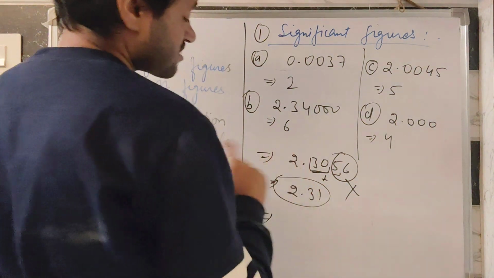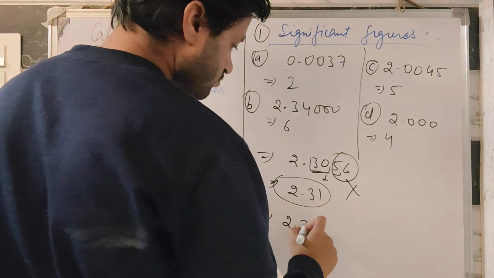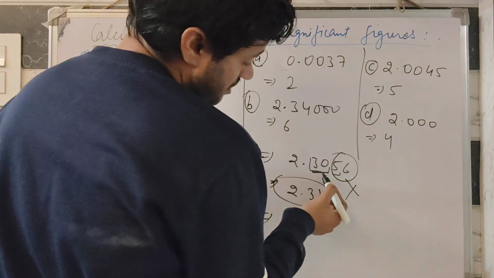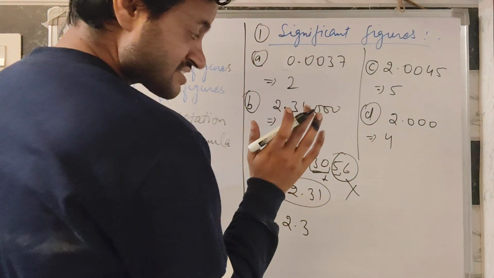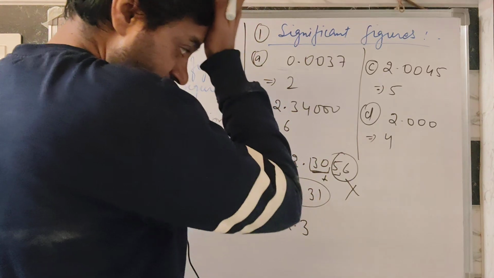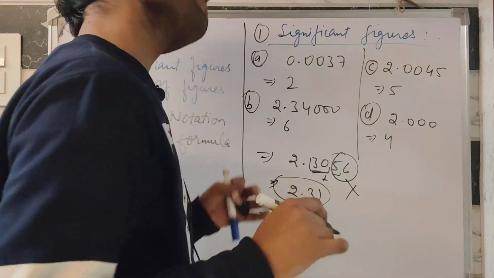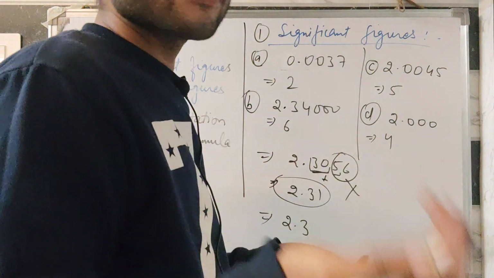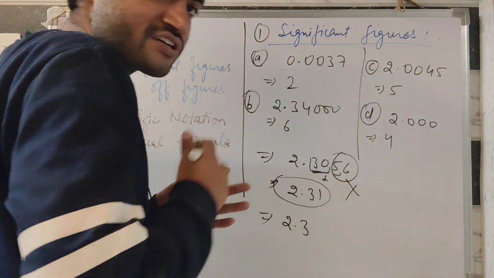And if I say round off up to 1 decimal place, its number will be 2.3, because 3 is a small number. If the number is less than 4, it will be written as it is. And if a number is 5 or greater than 5, it will be written by adding one to the digit before it.